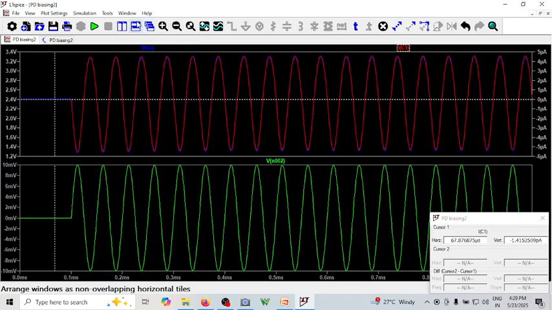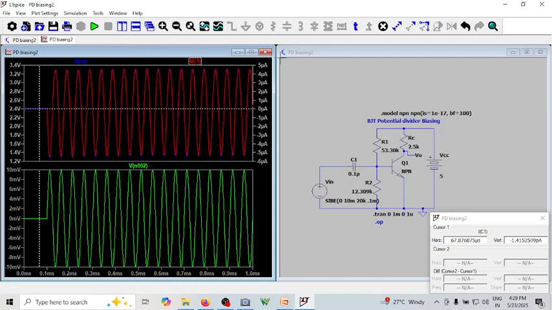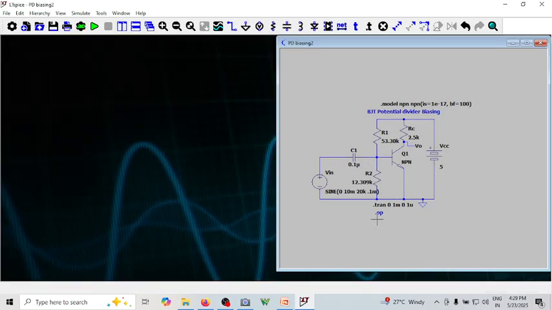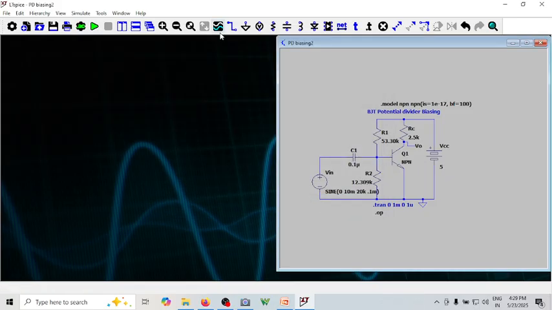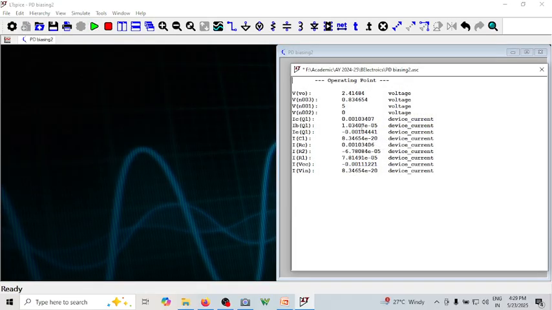Let me go back and do a dot OP of this. Now you run. How much is Ic? Ic is actually 1.03.